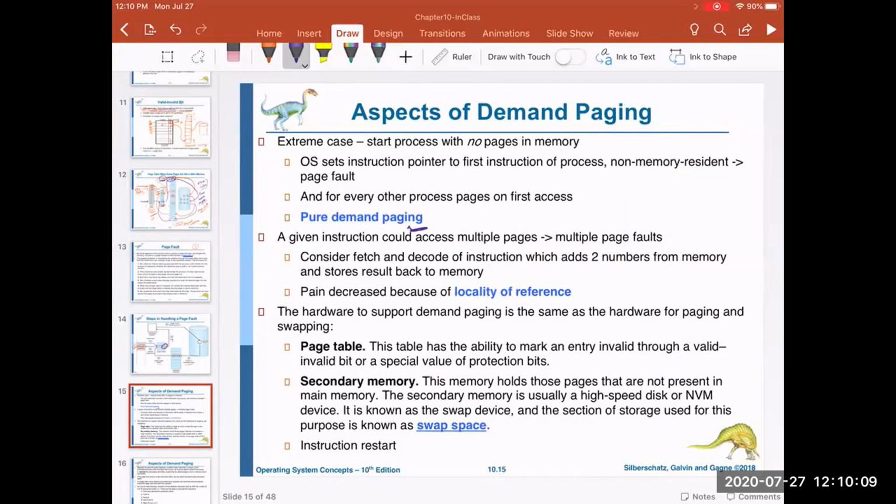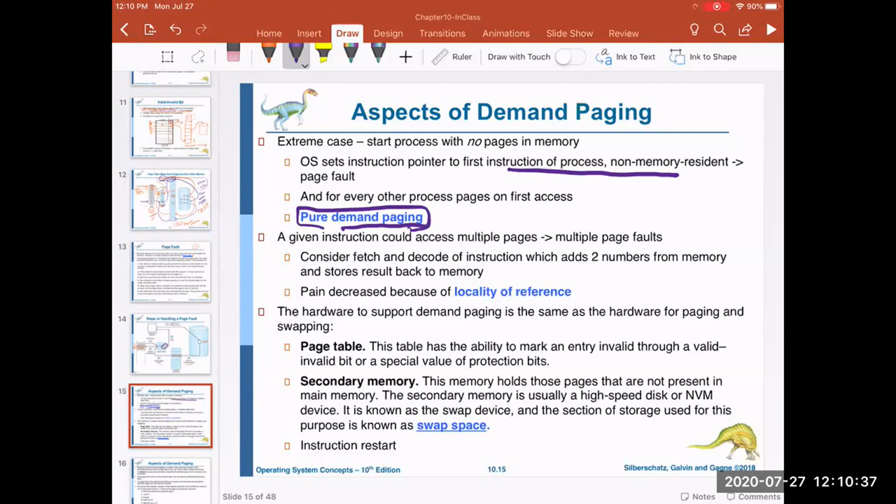The CPU will try to fetch the instructions along with the data. For the first instruction, it may be that there is no frame inside the physical memory, and that becomes pure demand paging, because everything we have to bring into the main memory.